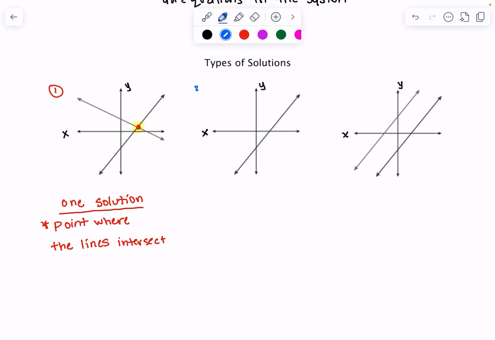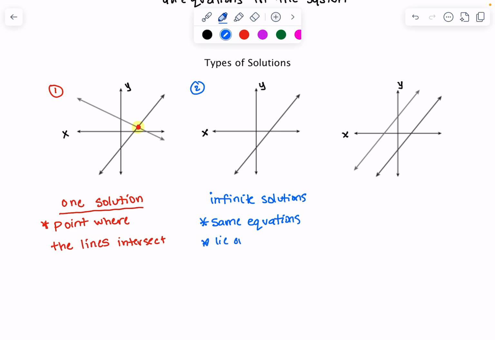The second type of solution, I know this looks like it's just one line right here, but we call this infinite solutions. It's really two lines on top of each other. So it's basically the same equations.